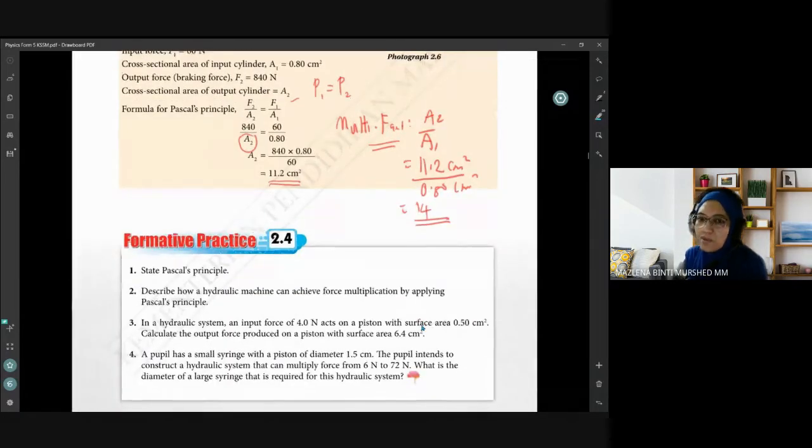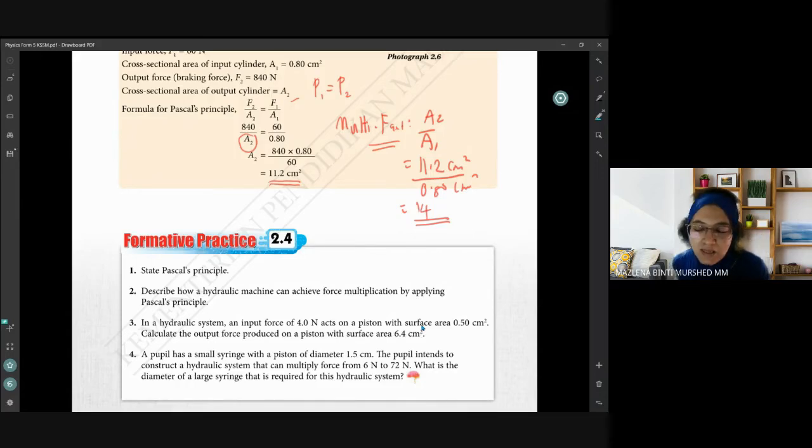Cuma you have to really understand how the hydraulic system function relates to the Pascal Principle. So to conclude this session, Pascal Principle is a principle that states the pressure will be transmitted equally and uniformly throughout a fluid in an enclosed system.